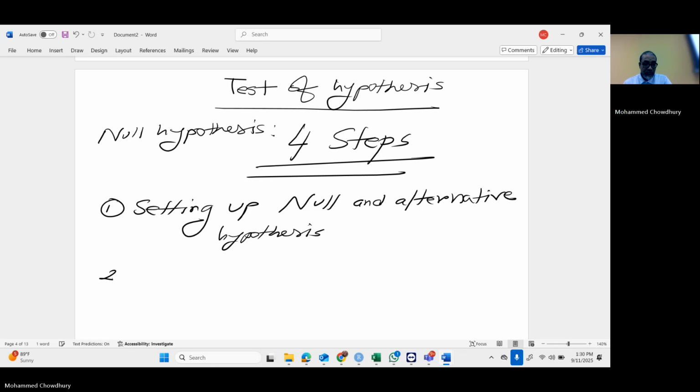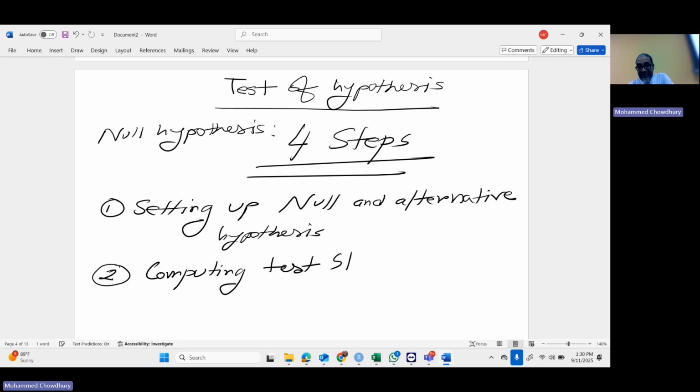Number 2, computing test statistics value.